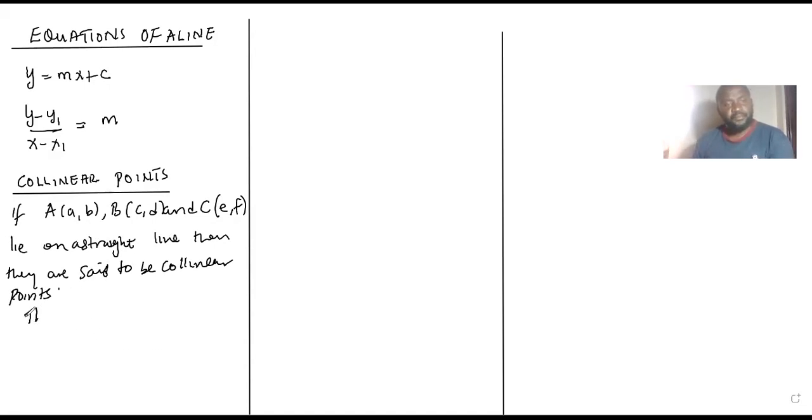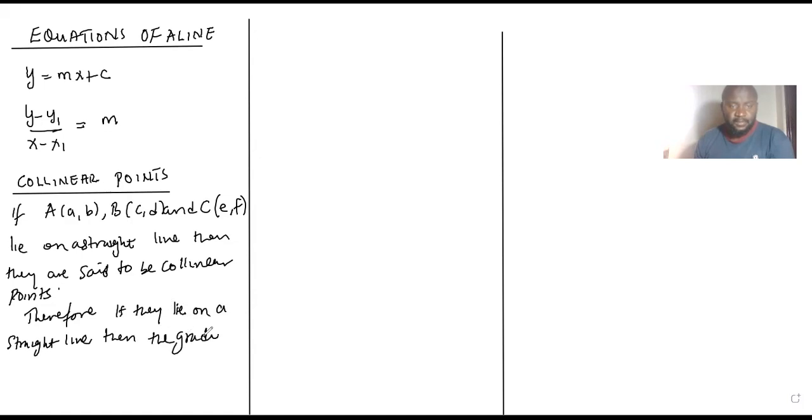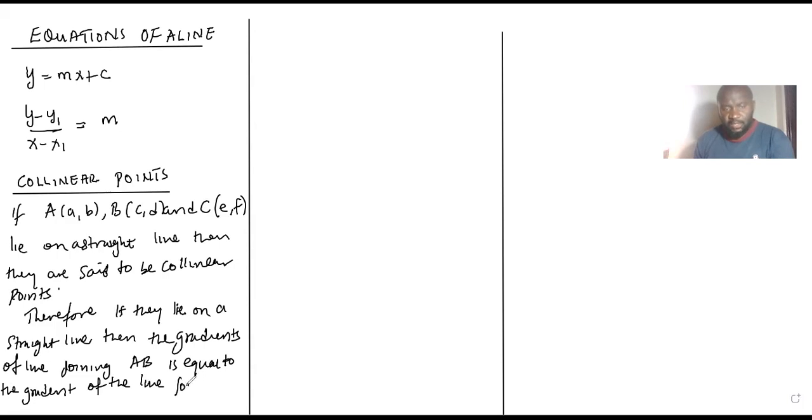Therefore, if they lie on a straight line, then the gradient of the line joining AB is equal to the gradient of the line joining BC.